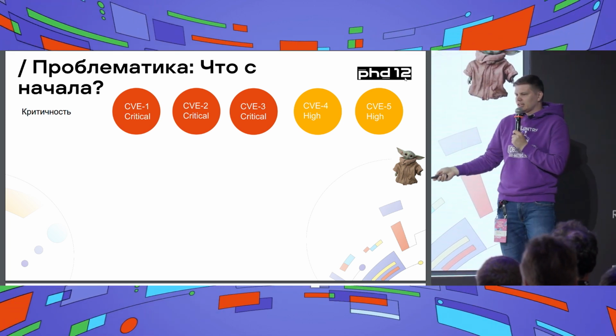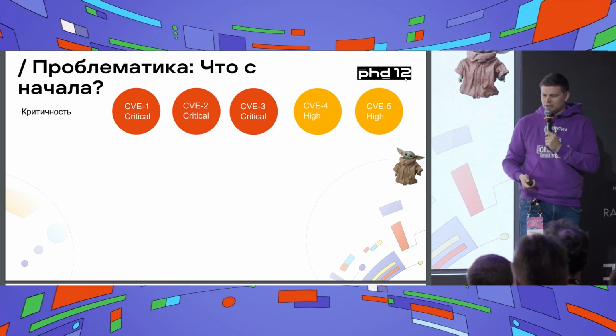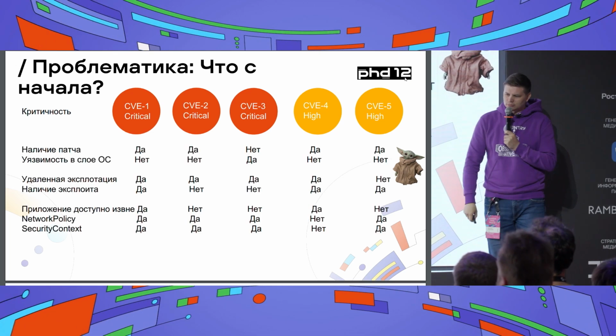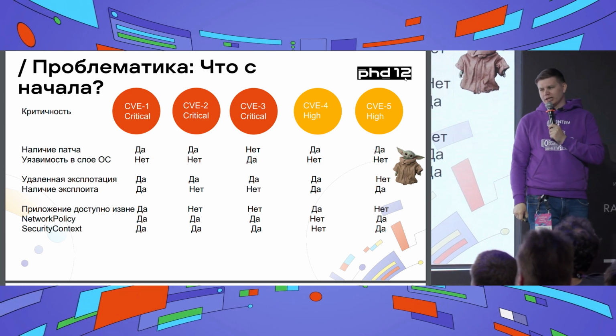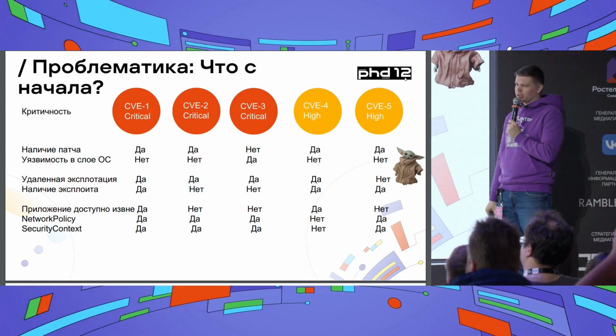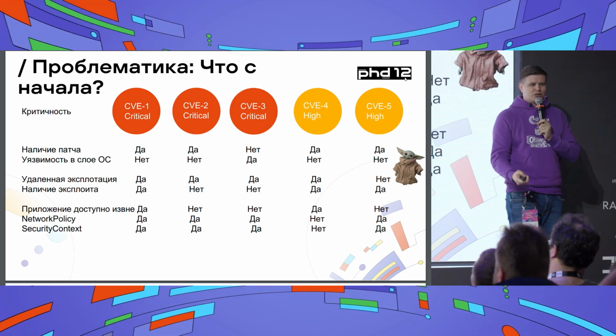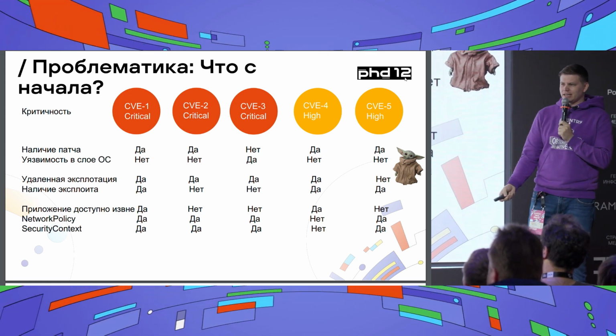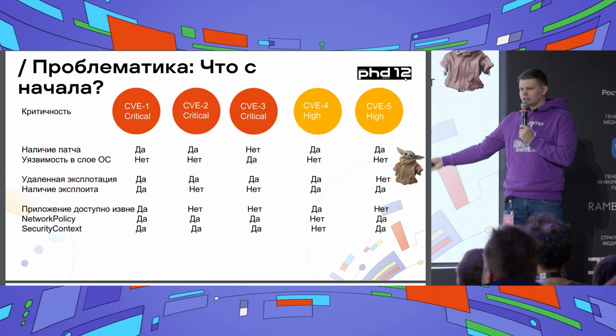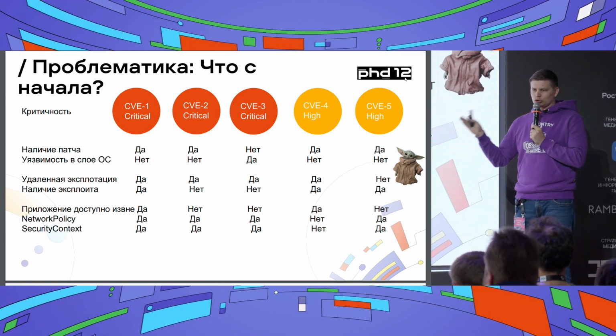Criticality, well, we have to cover CVE 1, 2, and 3, but let us move on. Is there a patch? Is this a vulnerability of your application or a basic image? Is it your internal or is it external?